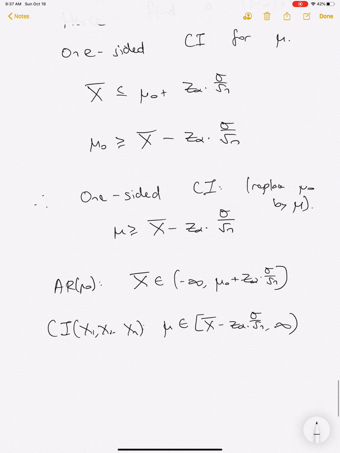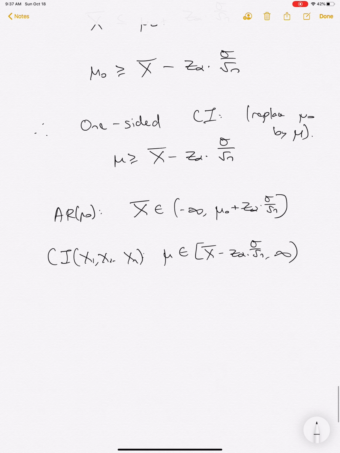The reason for that, which might seem a little confusing, is that the confidence interval is saying that we're sure that mu is bigger than a particular value.